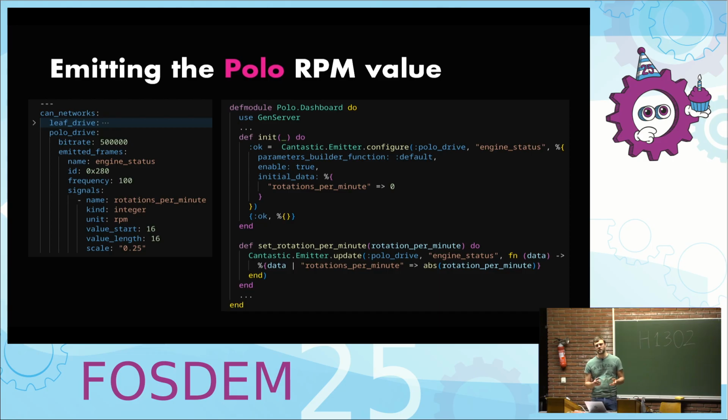It exposes some things in a standard format, but you don't have access to all the values. It's the speed and the RPM, so you will probably have those, but probably not at the same frequency. But you won't have access to the handbrake state or the door state or things like that. So if you want to go as far as possible, you need to really reverse the proprietary frames.